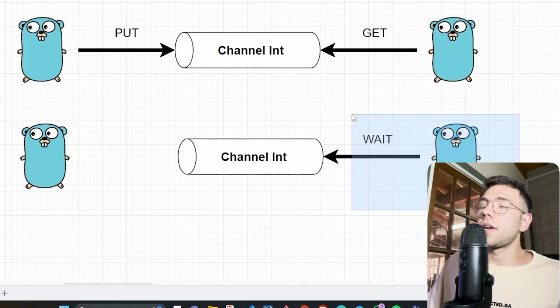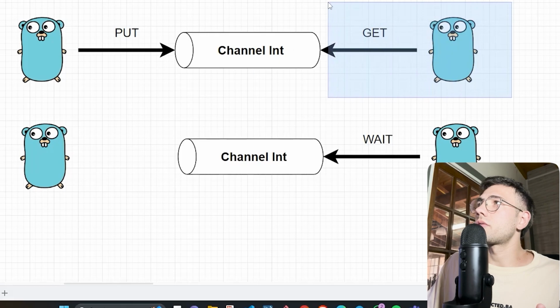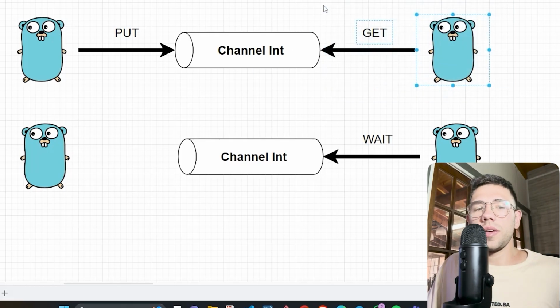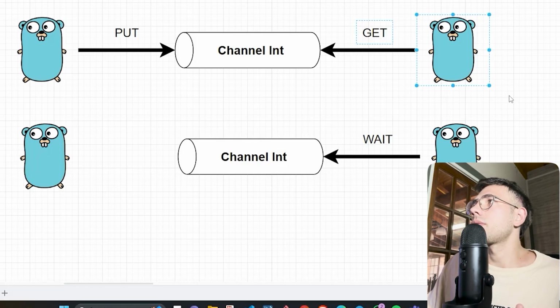So the goroutine listening to this channel can be blocked by the channel itself, because if there is no message, it will be blocked and will not execute until it gets a message from the channel. But if the first goroutine puts the message first, the other goroutine will get the message immediately and will execute the other things that it has to do.